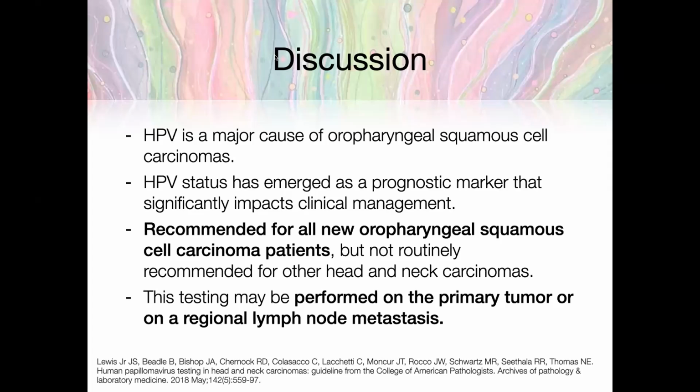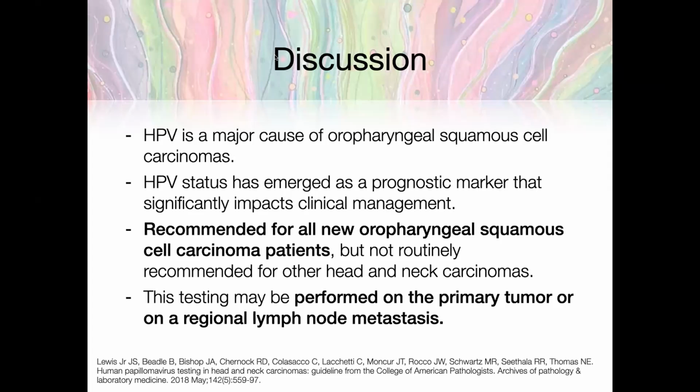So in 2017, guidelines regarding HPV testing in head and neck carcinomas were released by the College of American Pathologists. HPV is a major cause of oropharyngeal squamous cell carcinomas, and HPV status has emerged as a prognostic marker that significantly impacts clinical management.